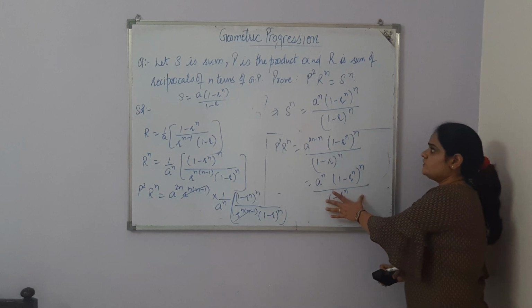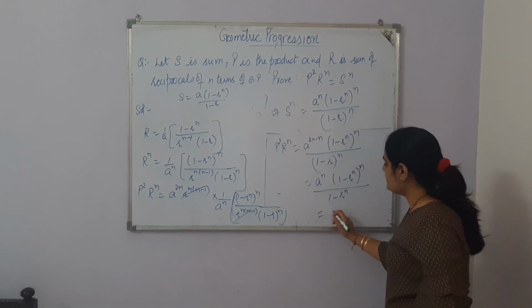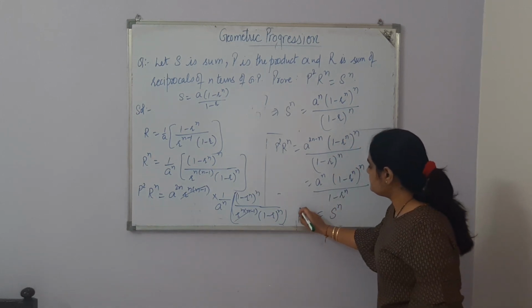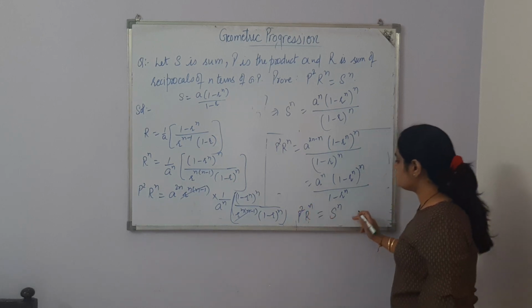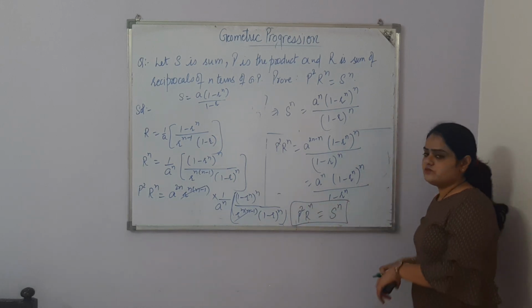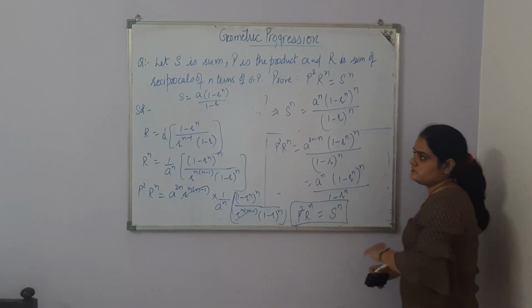And this is the value of S raised to power n. So p square R raised to power n is equal to S raised to power n. We proved it here. Hope the question is clear to you.